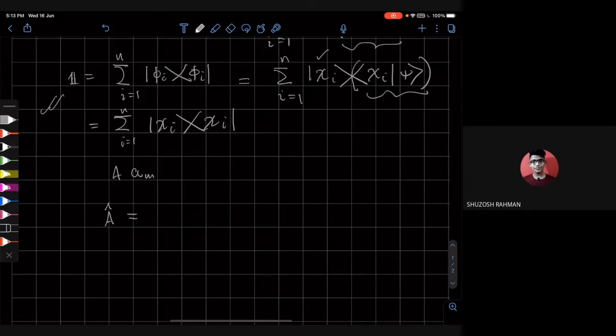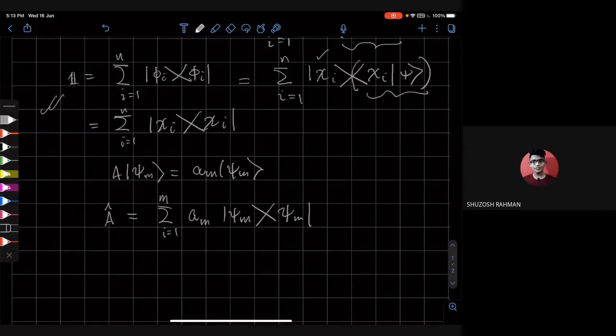So A acting on its own eigenvector psi m gives you a_m psi m. So we can write A as the sum over m of a_m, psi m, psi m.